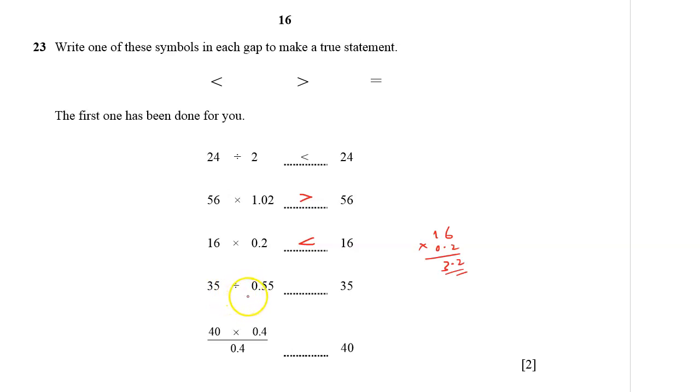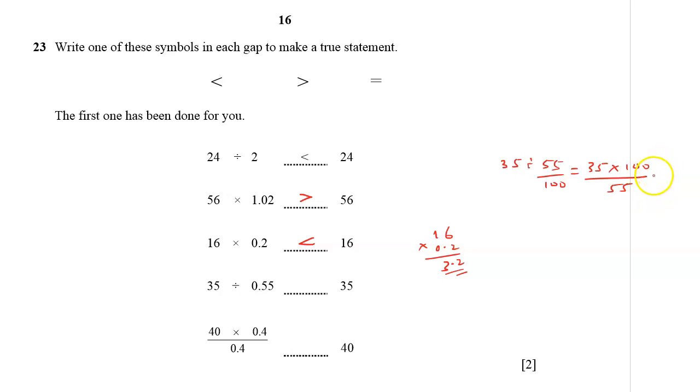Then 35 divided by 0.55. Is it greater than, less than, or equal to 35? We can do it here. 35 divided by 0.55, we can change 0.55 to 55 divided by 100. This will give us 35 times 100 over 55.